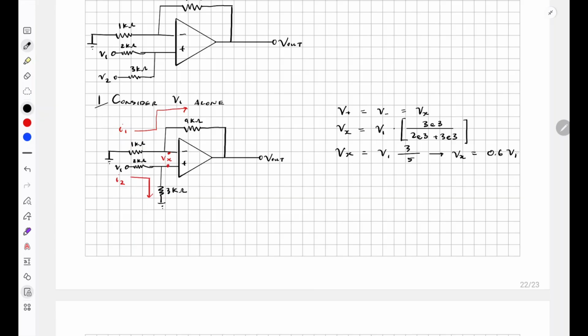So Vx is equal to 0.6 V1. I'm going to underline this and save this equation.